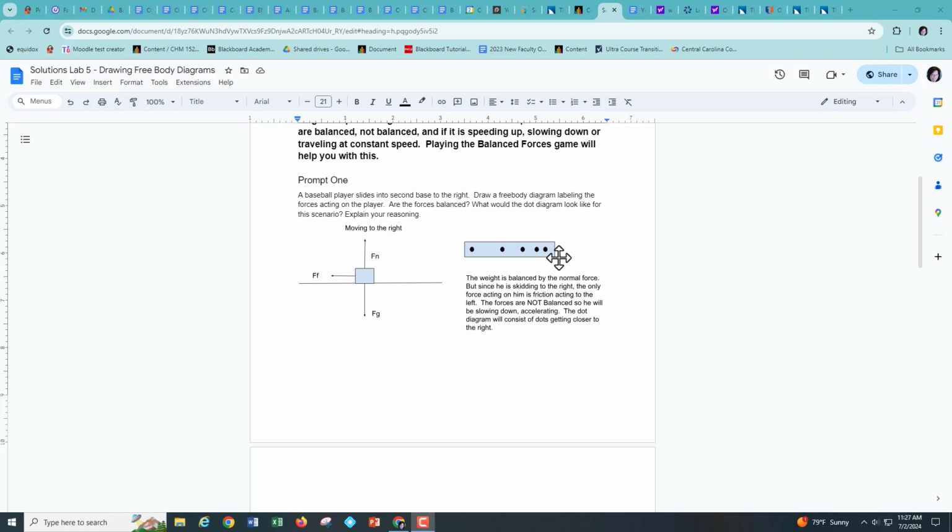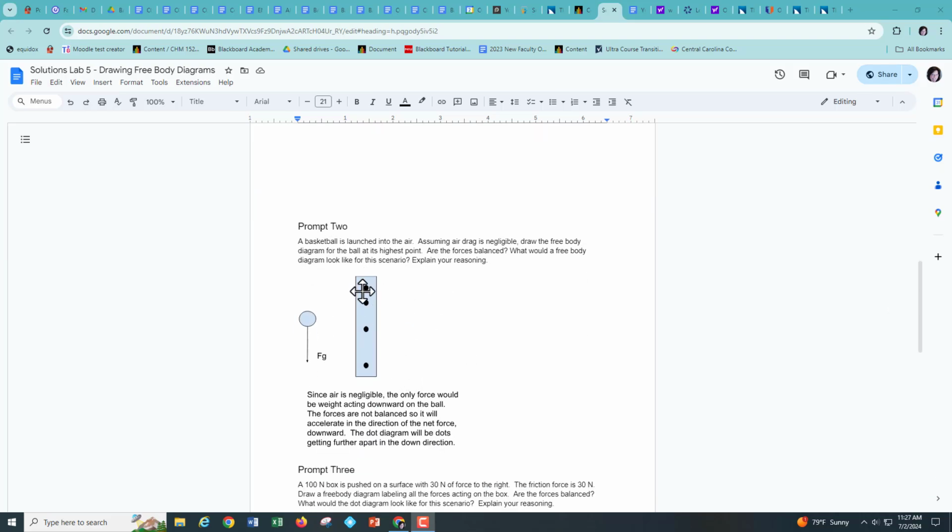So a dot diagram that has dots that are unequally spaced, the dots get bigger in the direction of the net force, and that's the direction of speeding up. If the object is trying to move in the opposite direction, so as I go from left to right I see the dots are getting smaller, it would slow down instead.